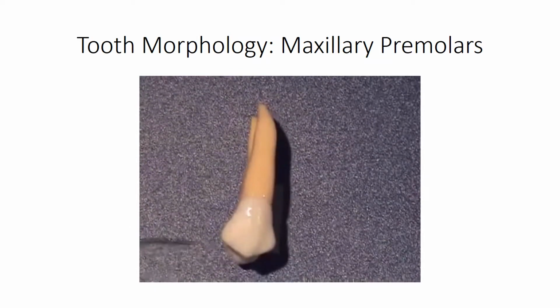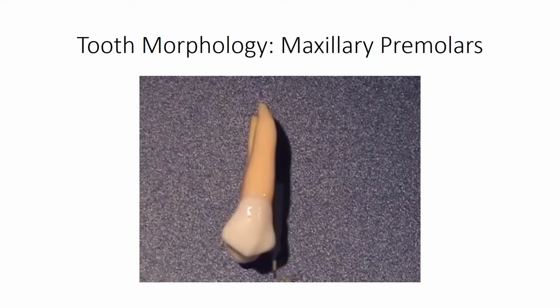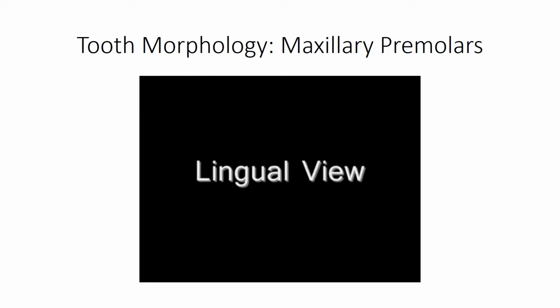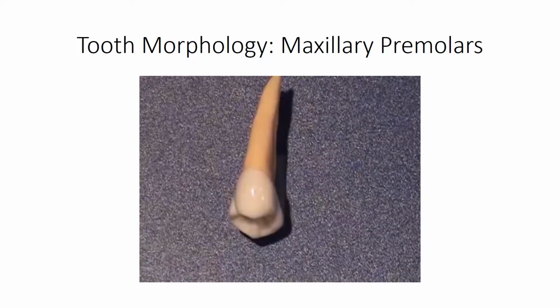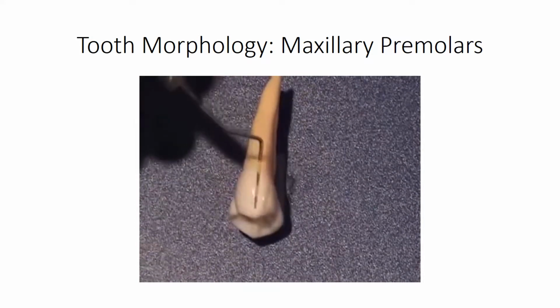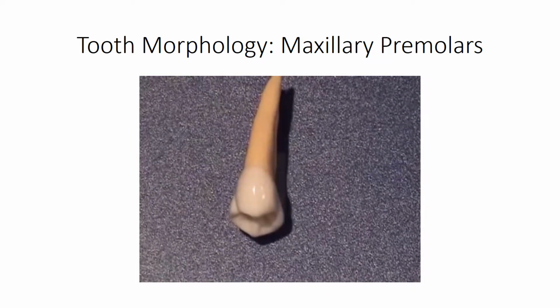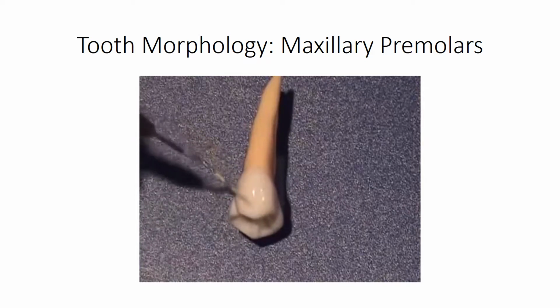Therefore, the mesial cusp slope is slightly longer than the distal cusp slope. From the lingual, the cusp is slightly offset to the mesial. The lingual cusp is also slightly shorter than the buccal cusp.